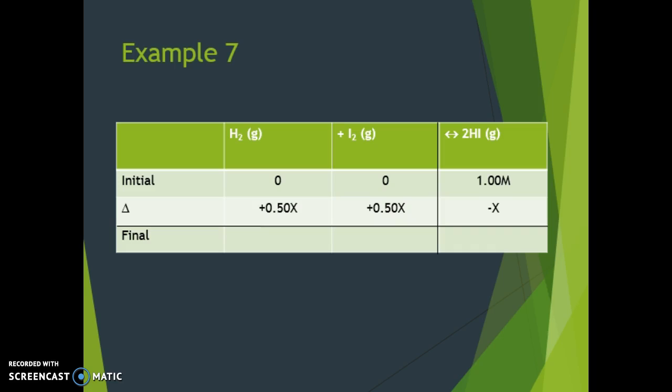And if you don't believe me, sit down and write out that stoichiometry. Start with your HI and convert it to either H2 or I2, and you'll see it's basically a factor of 1/2. Now we can define our equilibrium concentrations, and of course they're going to have x in them, and we still need to clean that up in the back end. So 0.50x for both H2 and I2, and then 1.00 minus x for my HI.